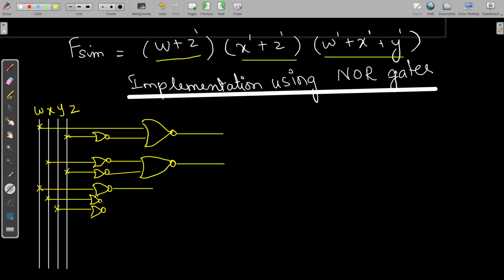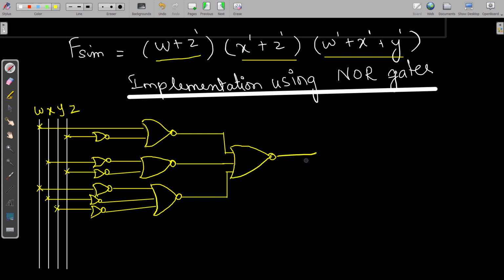Then we take the connection out of the inverters, which is given to a NOR gate. Then these three must be connected to another NOR gate. So this gives the required output for us. We take the connection out of this other NOR gate so that we get F simplified.